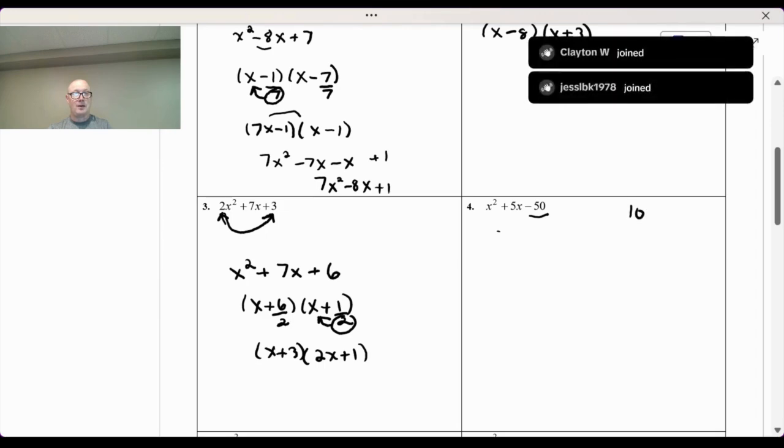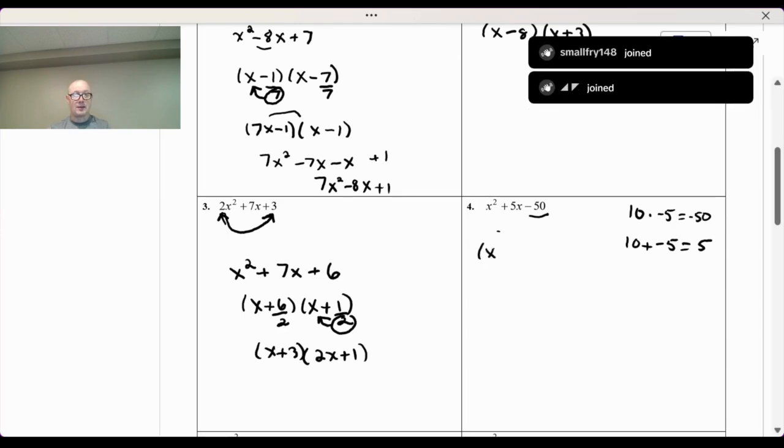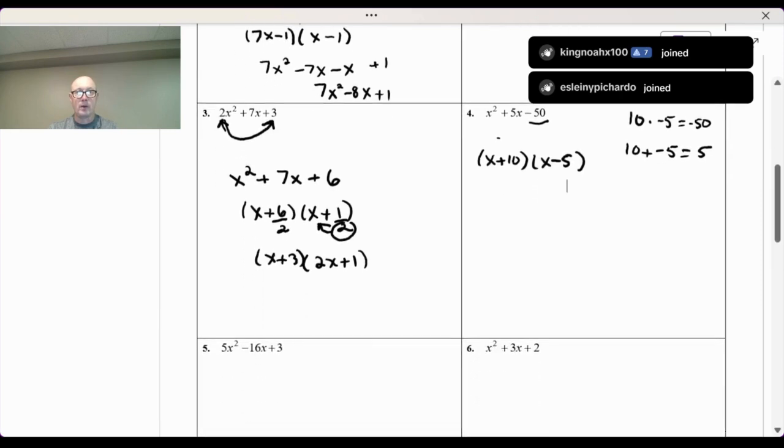Well, 10 times negative 5 is negative 50, and 10 plus negative 5 is equal to positive 5. So I'm going to use 10 and negative 5. I've got x plus 10 times x minus 5 as my answer. So no slide and divide needed because the squared term had a 1 out front.